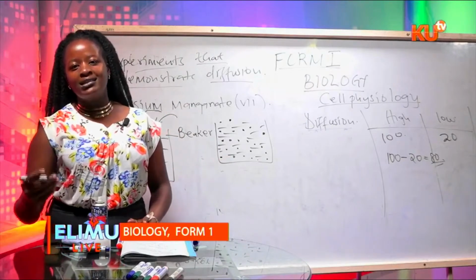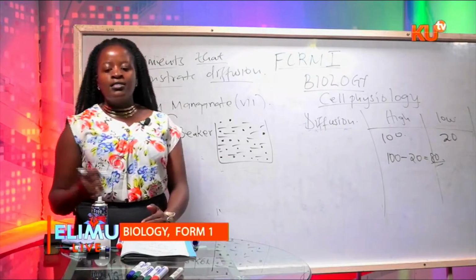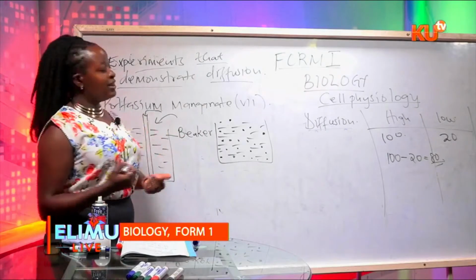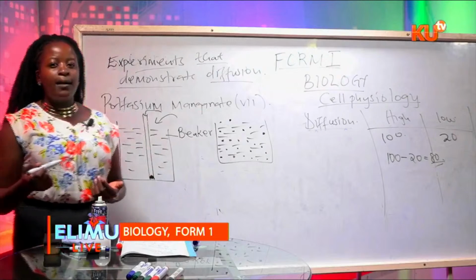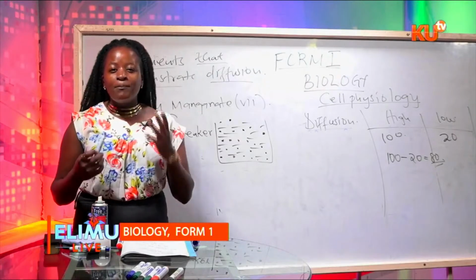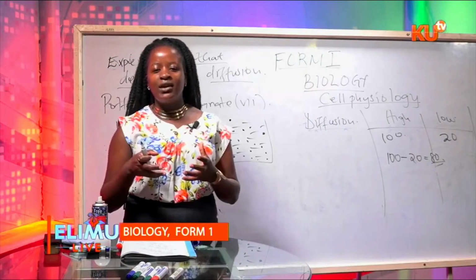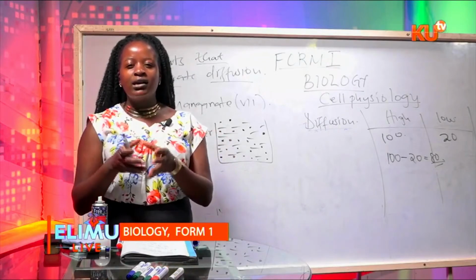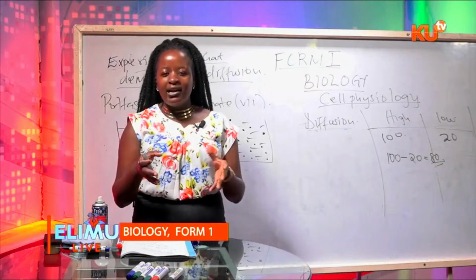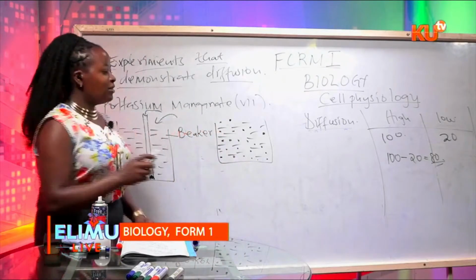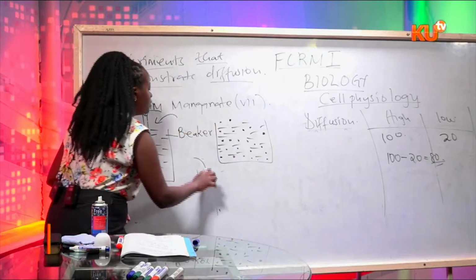The explanation for this observation is that the water turned purple because the particles that make up potassium manganate 7 broke away from the crystal and spread throughout the water through the process of diffusion.